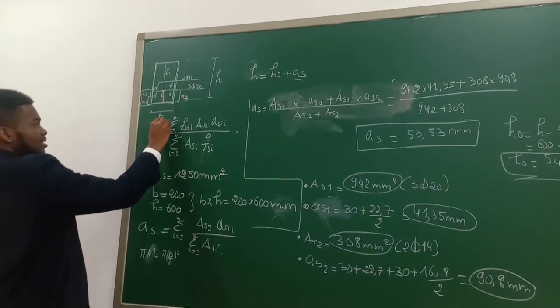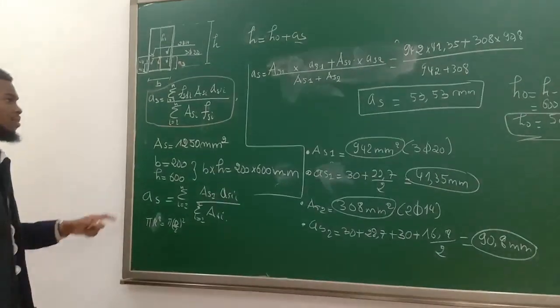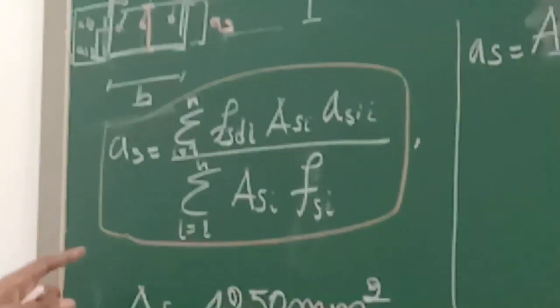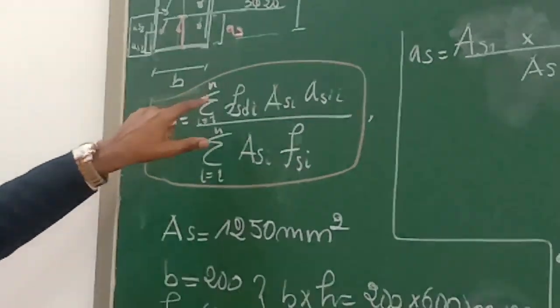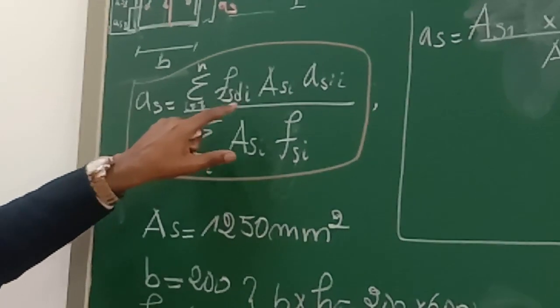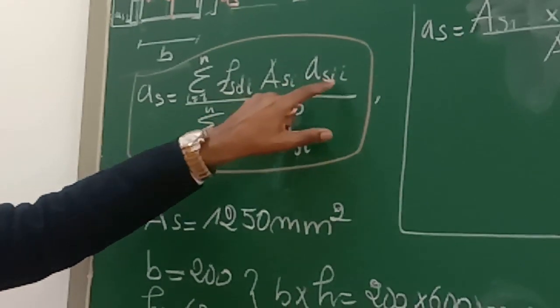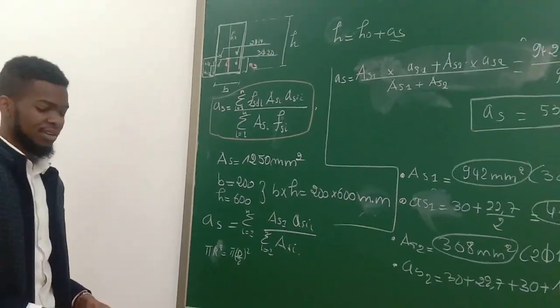And this is the formula. The formula is AS equals the sum of FSD, ASE, ASEL and all these things. I will explain it as we go.